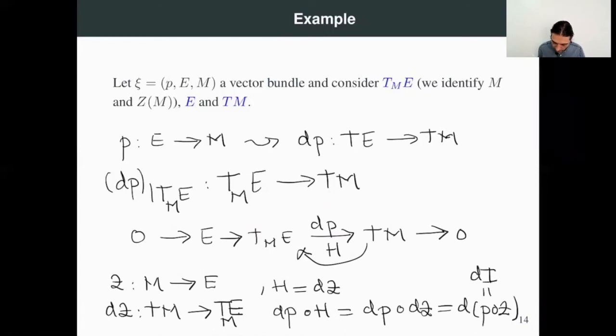So we got here the differential of the identity map, which is the identity map of the tangent space. And so we get that this sequence splits. As a consequence, we see that the tangent space of E at M is isomorphic to the direct sum of the tangent space of M and the vector bundle E.